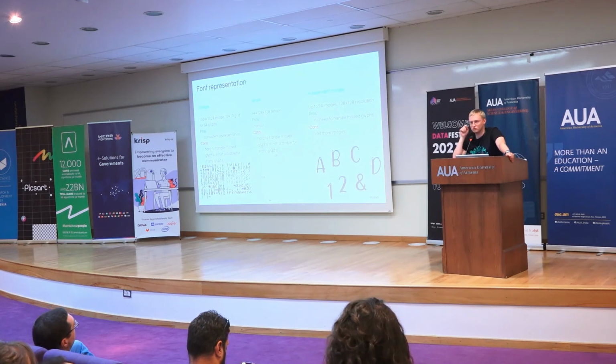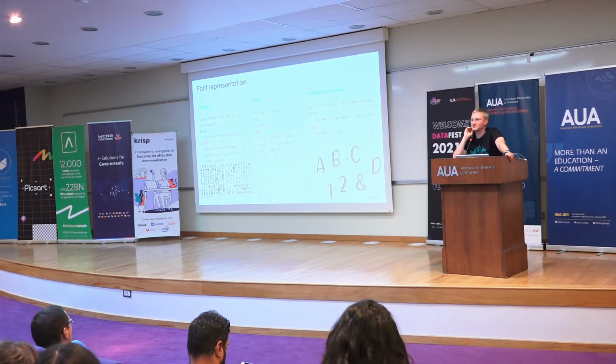Actually, we tried all of these approaches, and at some moments you want to train on collage, at some moments on single images. This is also a trade-off. So the truth is somewhere in between.